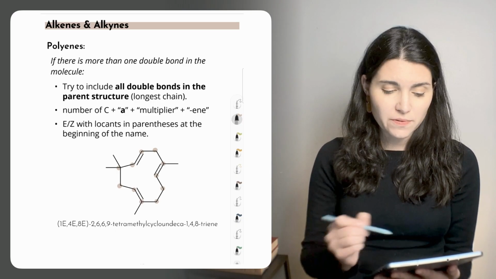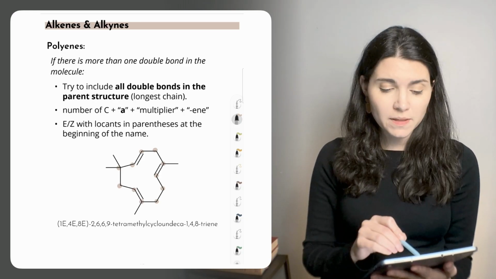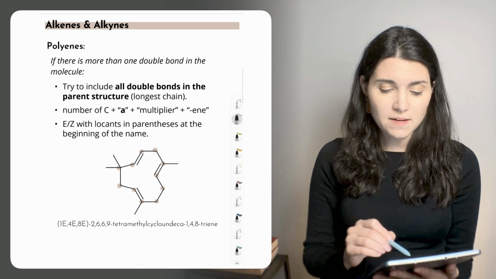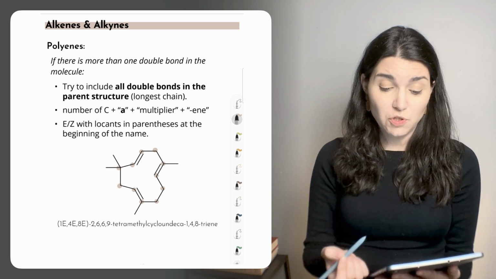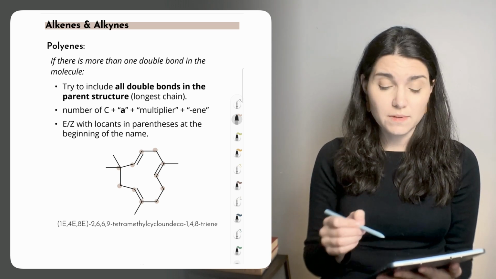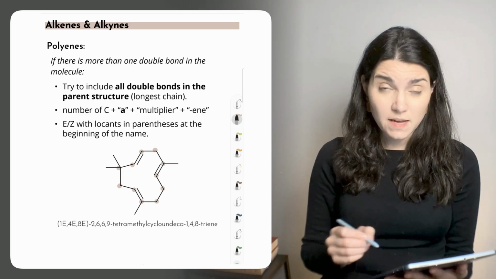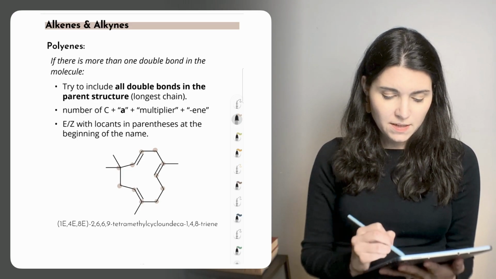So what we're going to do for the name is we're going to take the number of carbons plus A, that's for pronunciation's sake again, plus the multiplier, so tri in this case because there are 3 double bonds, and then ene.